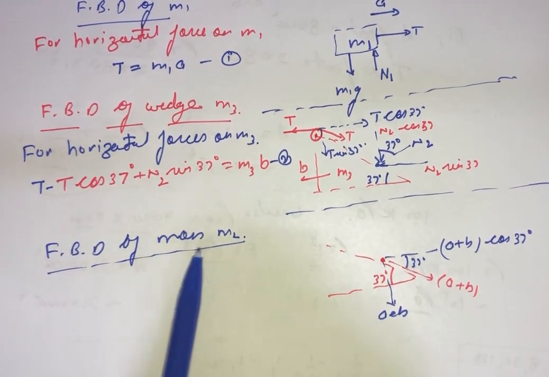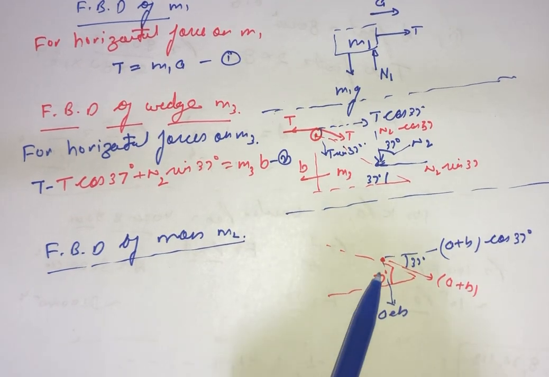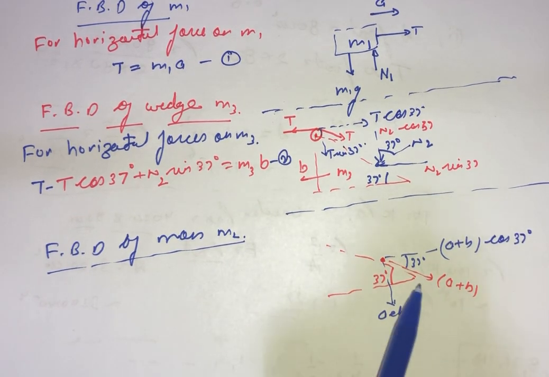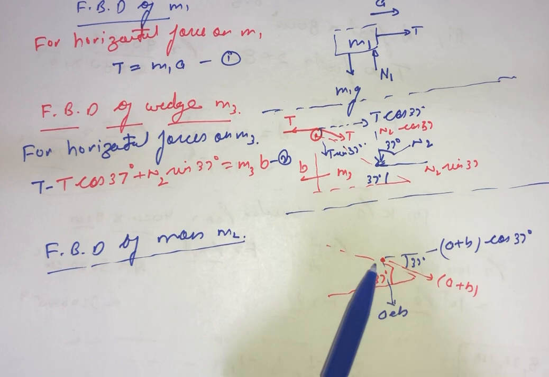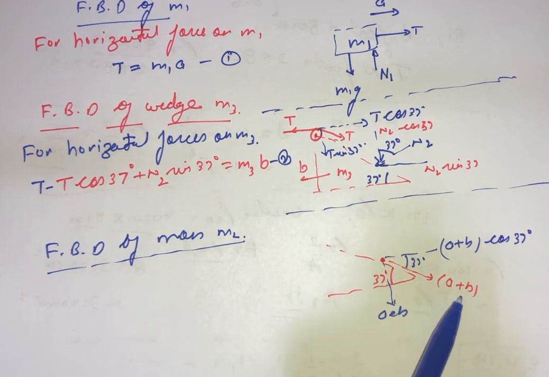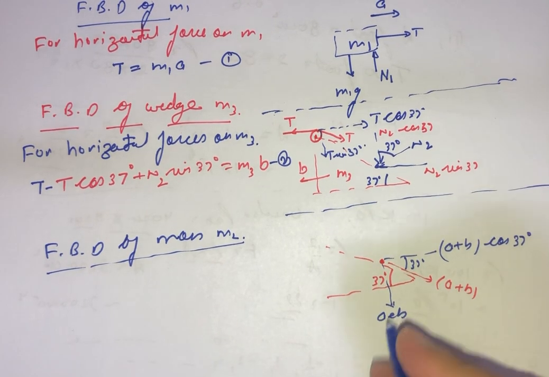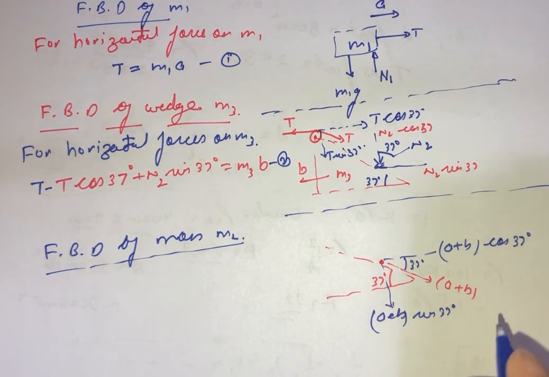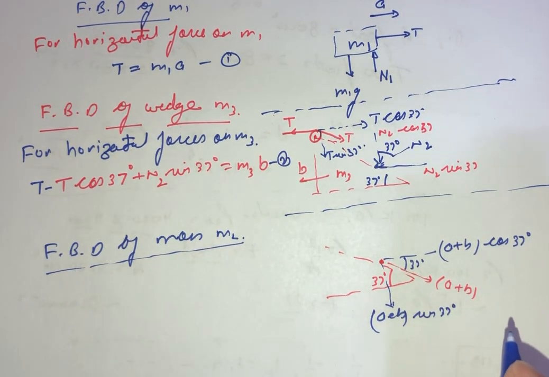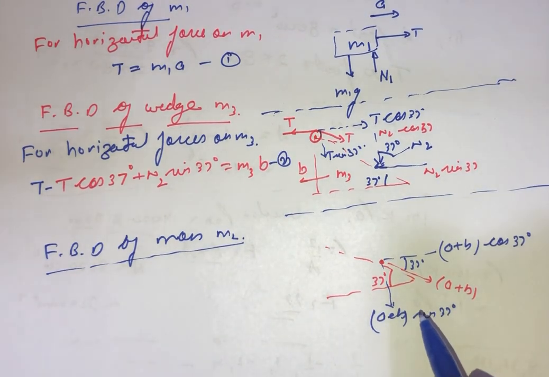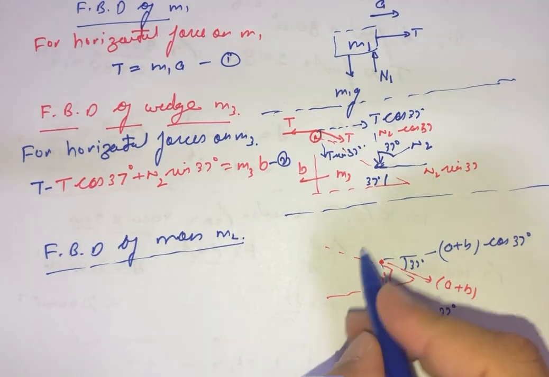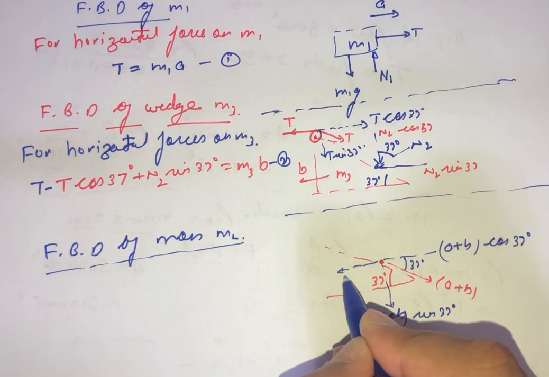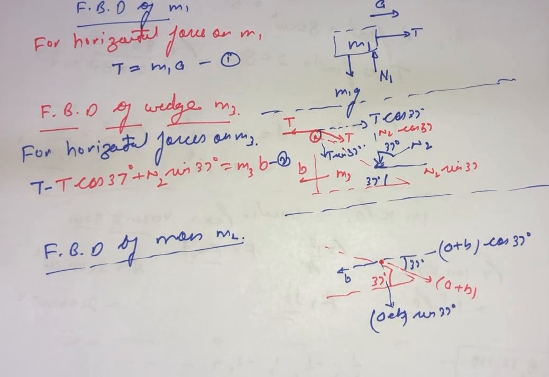So this is a free body diagram for mass M2. So this is a wedge, and let us represent M2 as a dot. So it is moving along the inclined plane with the acceleration of a plus b. So two components will be a plus b cos of 37 and a plus b sine of 37. And it is also having an acceleration in the direction b.